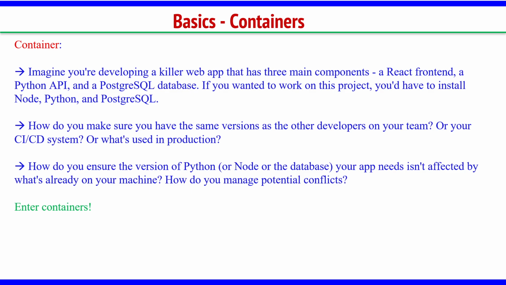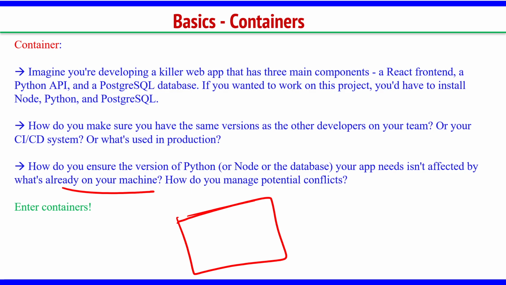The second thing: how do you ensure that the version of Python or the database your app needs is not affected by what's already on your machine? It means in my laptop I already have some version of Python, some version of Node and some version of PostgreSQL.